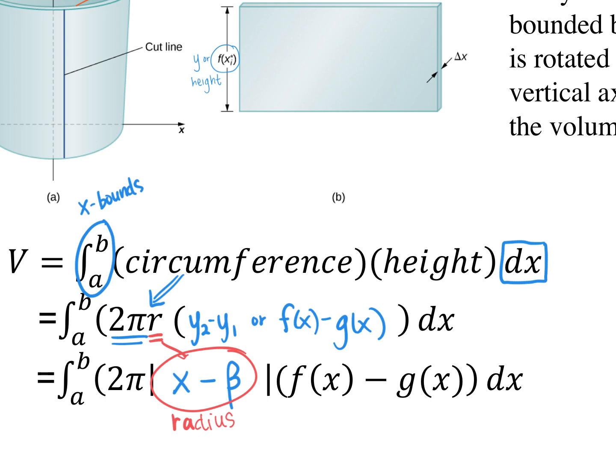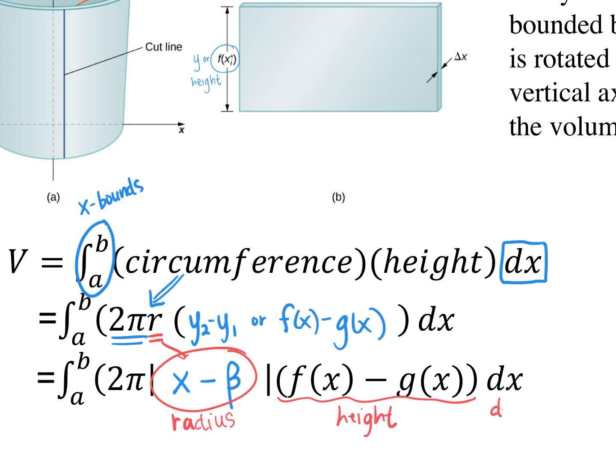So this is the formula. It looks crazy, but if you understand where it all comes from, there will be a 2 and a pi, which comes from the circumference. The radius will be x minus beta. Beta is the axis of rotation in a vertical sense. And then the height is always f of x minus g of x. So that's this part, which is measuring the height.